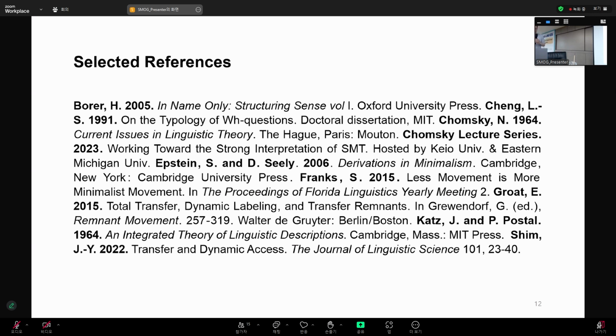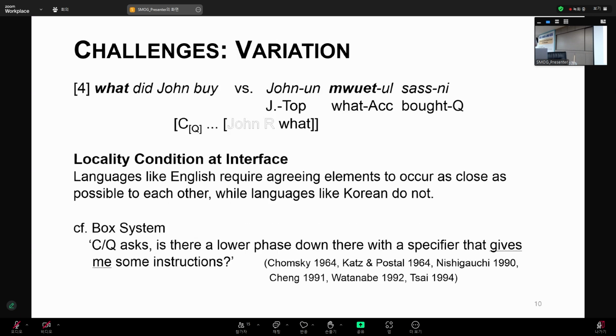Oh, no, I remember. When I say the locality condition at the interfaces, basically if there's an agreement between two elements in the syntax, the two must occur as adjacent as possible. So it also applies to movement, not only to A-bar movement, double-edged movement. There's got to be some sort of agreement between T and John, right?